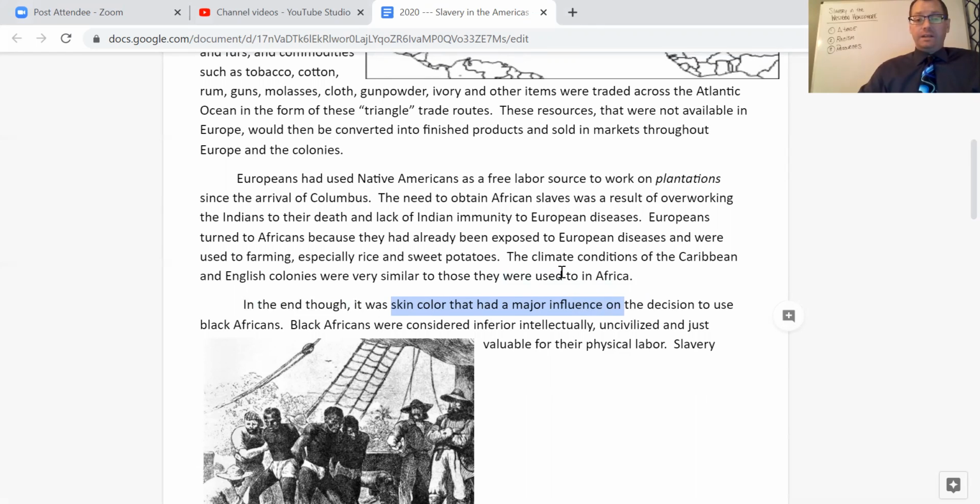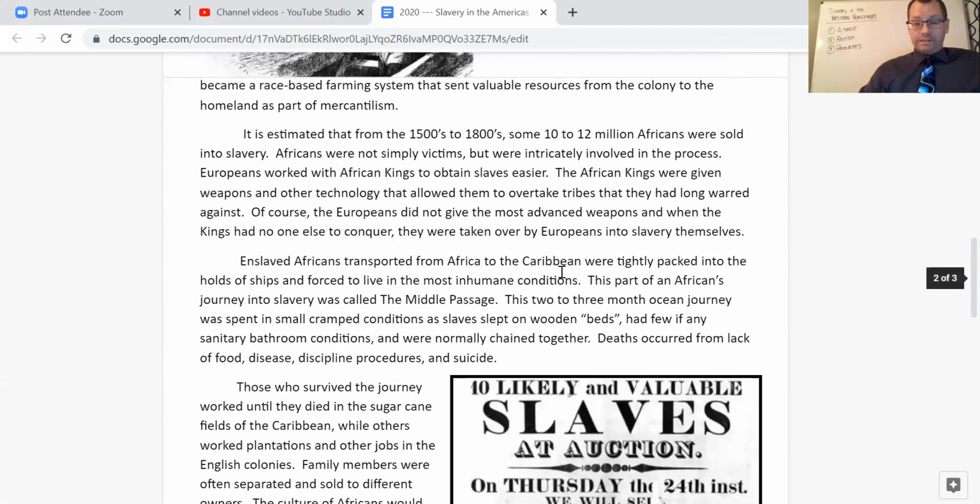This trade of slaves is devastating to Africa. As it says, estimates of upwards of at least 12 million Africans were ripped out of their homes and brought to the New World. Just think about that. Ripped out of their homes.